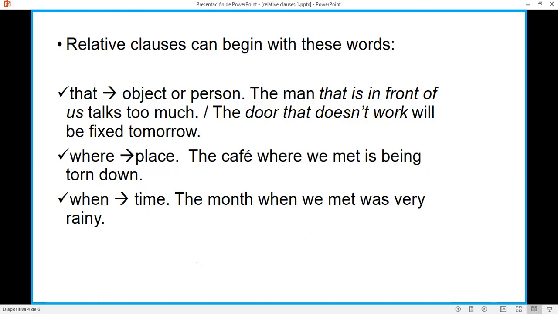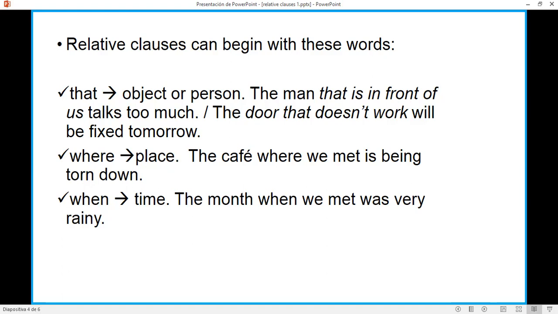The man that is in front of us talks too much. Or the second example, the door that doesn't work will be fixed tomorrow. We use where when we want to talk about places. The cafe where we met is being torn down. Va a ser destruido.